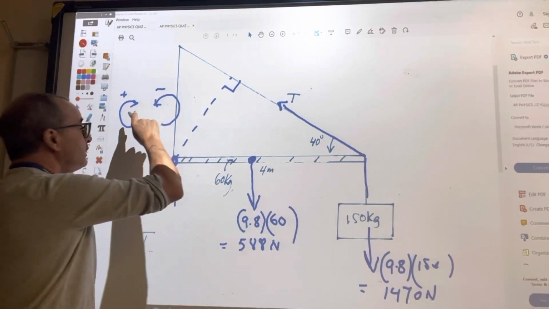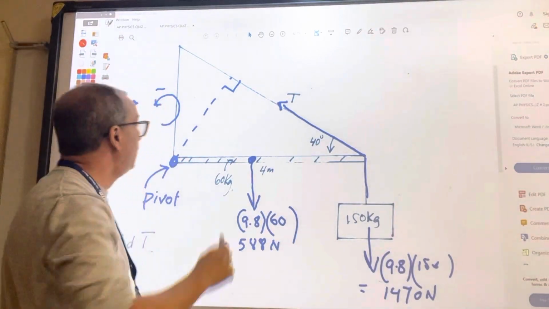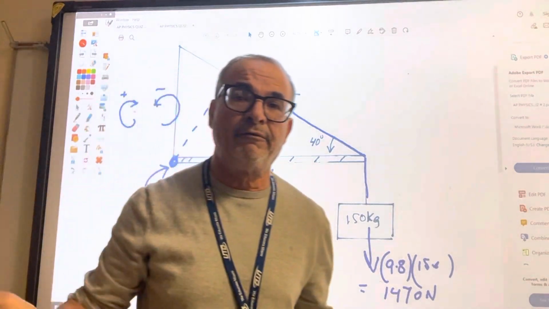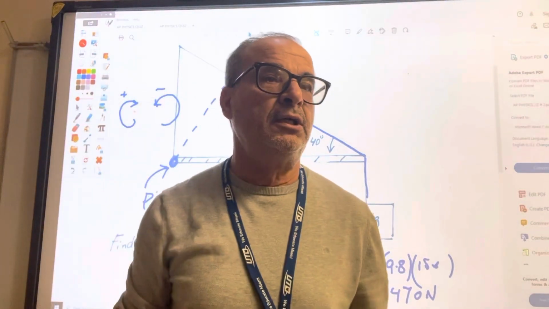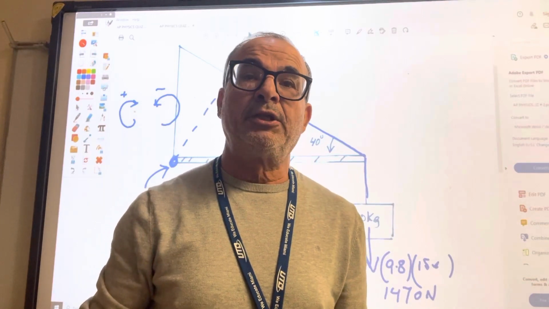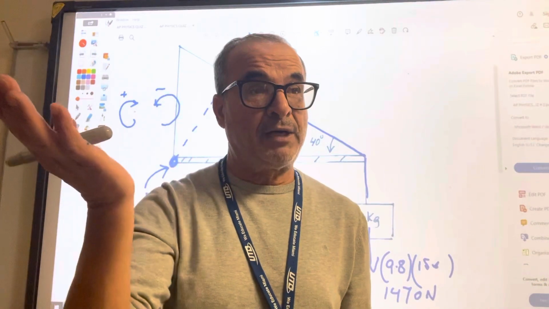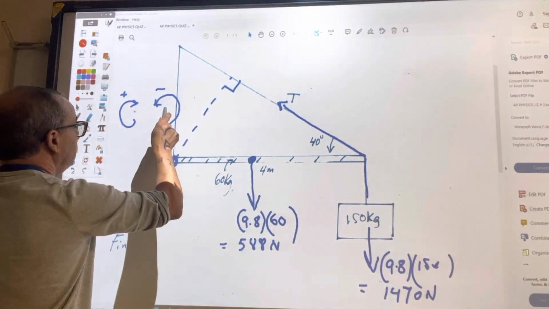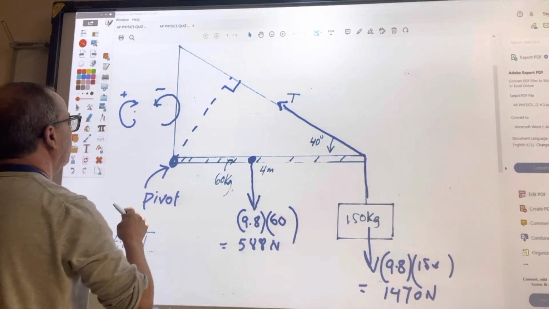This is clockwise, and this is counterclockwise. So this is our convention. You have to choose your convention. It's okay if you choose the opposite; the answer at the end is the same. So we're going to choose clockwise positive, counterclockwise negative.